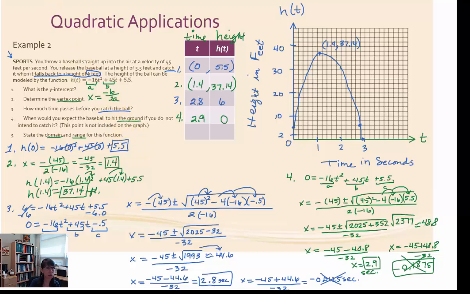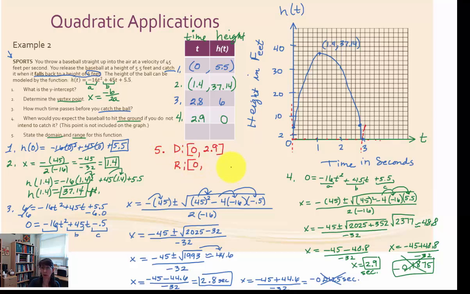Our final item is to state the domain and range for question 5. So our domain is input, that's time. The shortest amount of time, remember, would be found here at our y-intercept, that's 0 seconds. The largest amount of time would be represented when this baseball hits the ground, so that's our 2.9 seconds. The range involves the height of the ball. So the lowest our ball will ever be is when it hits the ground, that would be 0 feet.